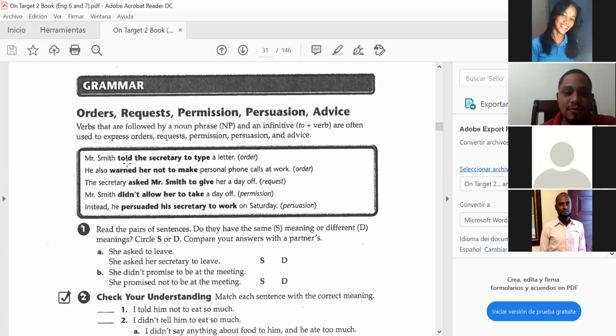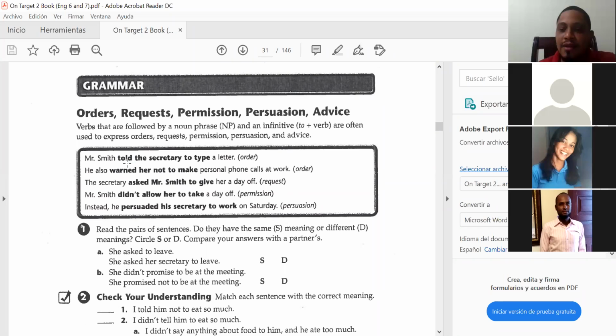With Mr. Smith, right? So now check this. A noun phrase is a sentence that has a subject and it also has a noun.